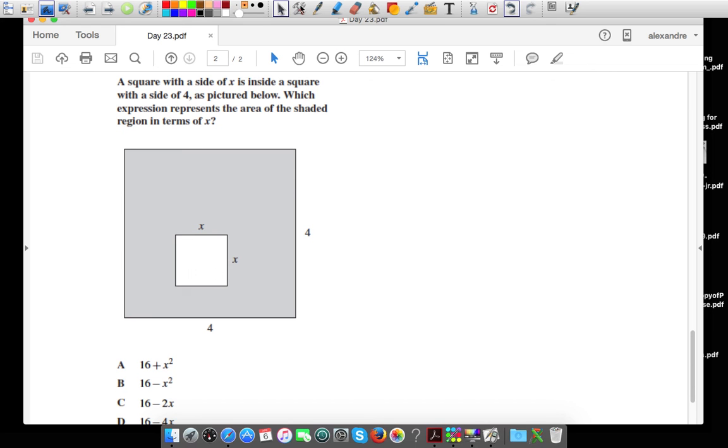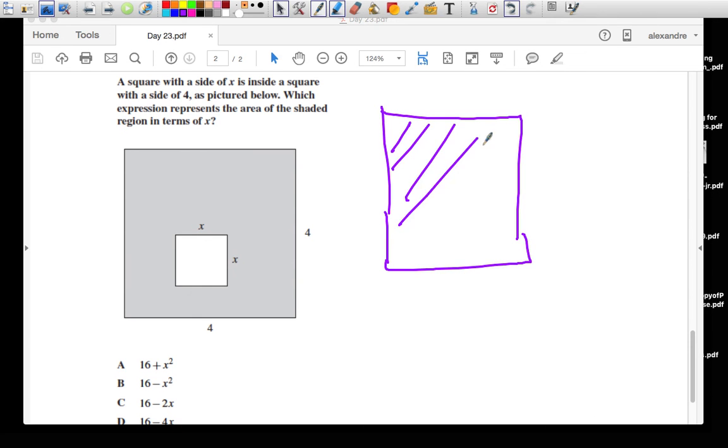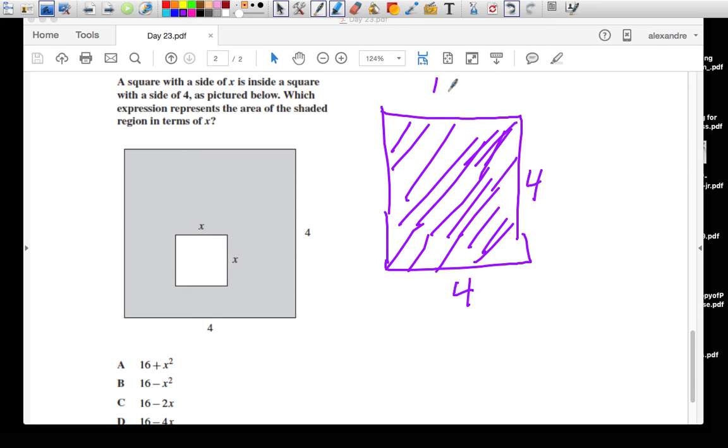So let's figure out the area of the big square. Because this is 4, this is 4, everybody's 4, the area is 4 times 4, which is 16 inches squared.